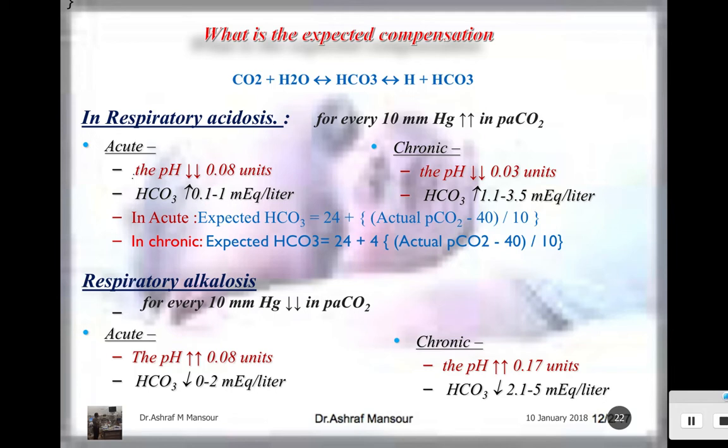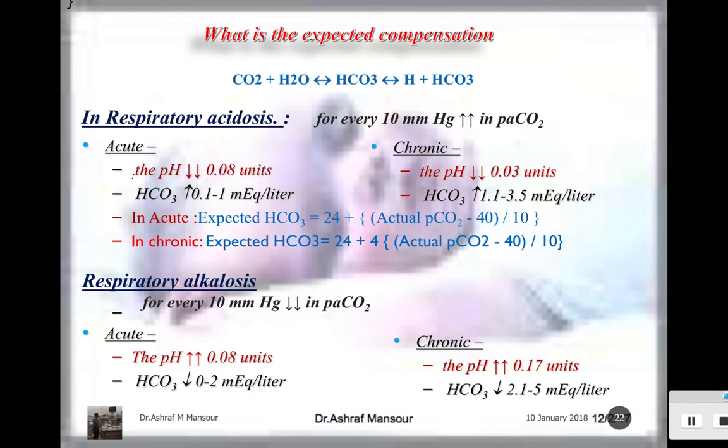So if the actual arterial blood gas shows that the PCO2 is 60, then 60 minus 40 equals 20, divided by 10 equals 2, plus 24. So we expect the bicarb to be 26. While in chronic, there is addition of 4 more to get the expected bicarb.